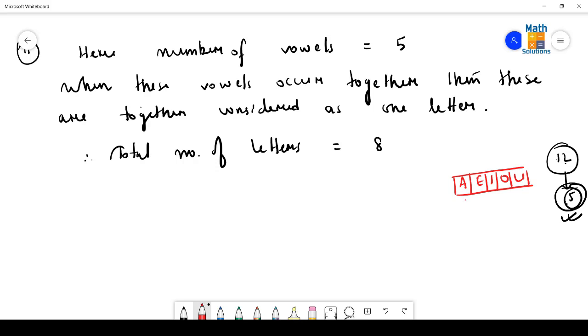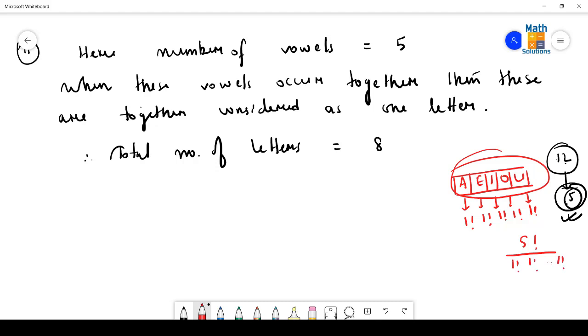Therefore, each of these letters can occur in 1 factorial ways. So in what way these vowels can be arranged? Following the second theorem, I can write like this: 5 factorial, this is the total number of vowels, divided by 1 factorial, 1 factorial.